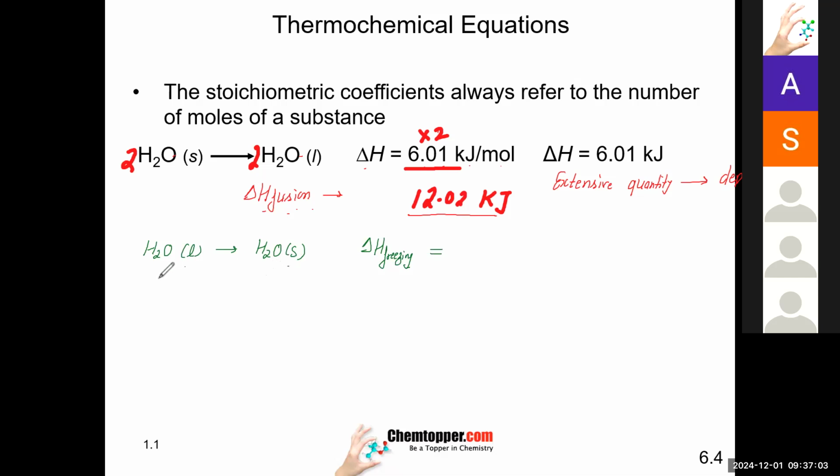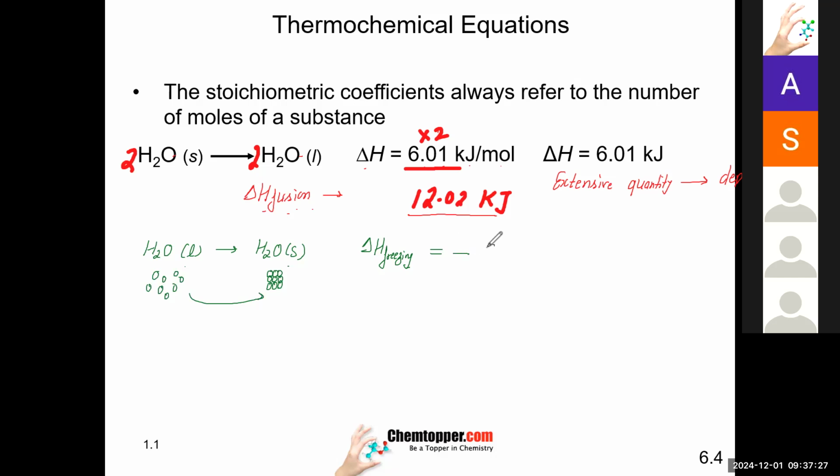It is exo because liquid has high energy. Molecules have high kinetic energy, less intermolecular forces of attraction. Solid molecules are not moving. Intermolecular forces are very strong. So energy is going down, attraction is increasing. It is exothermic. And the answer is, what's the answer?